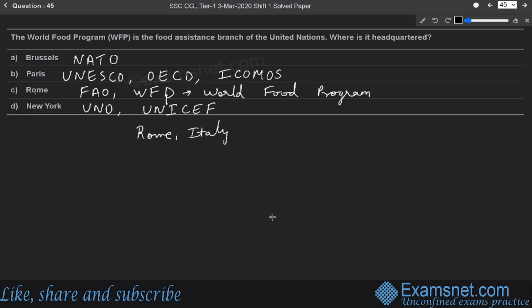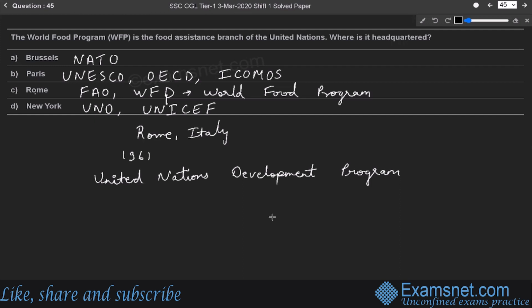It was established back in the year 1961 and the main aim of the World Food Programme is removing the world's hunger by providing people with food assistance during any crisis. The World Food Programme is also a member of the United Nations Development Programme, as it aims for removing hunger.